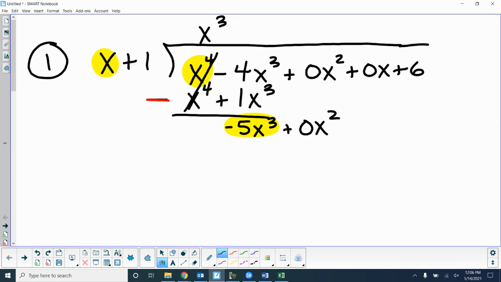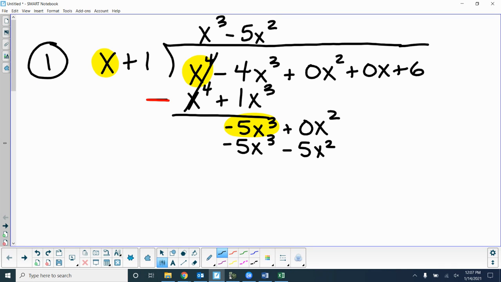Just subtract 1 from the exponent, right? Everything else is the same. So now what do I do with that negative 5x to the second? I multiply by both of those, right? So again, we're just repeating this procedure that we've already done. So negative 5x squared times 1x is negative 5x cubed. And negative 5x squared times 1 is negative 5x squared.